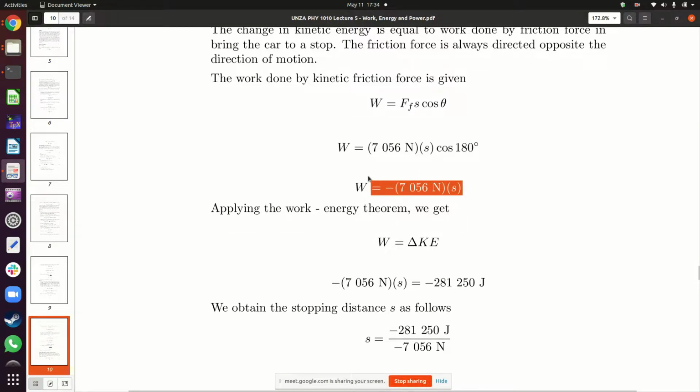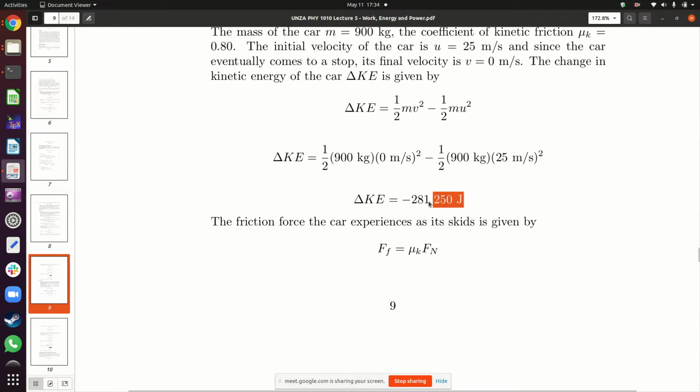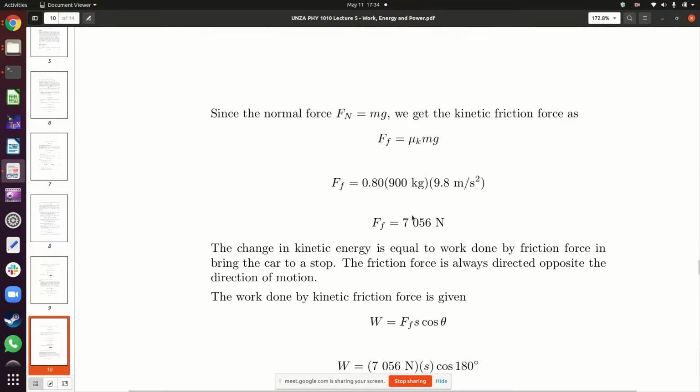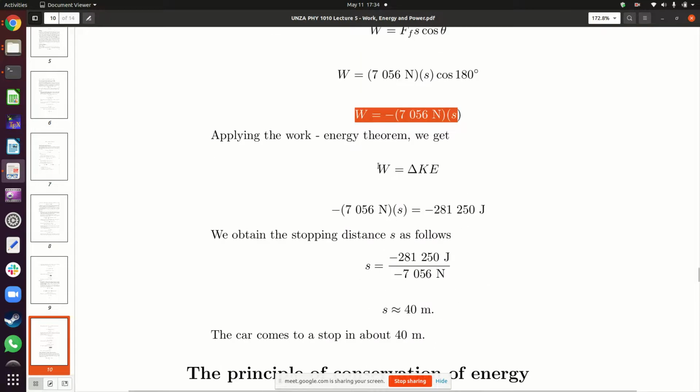So this is the work done, and we have the change in kinetic energy, which is minus 281,250 joules. We apply the work-energy theorem, where we know that the work done and the change in kinetic energy are equal.